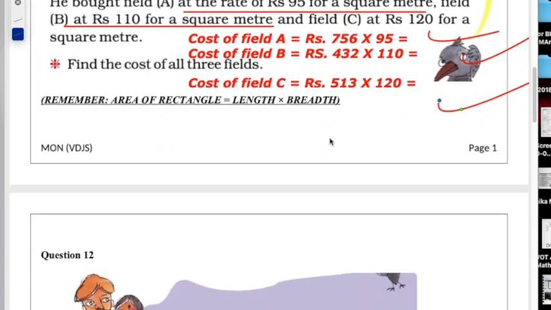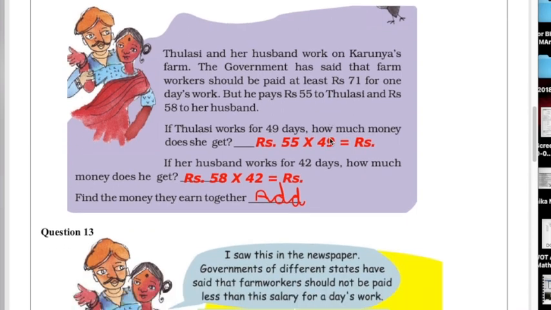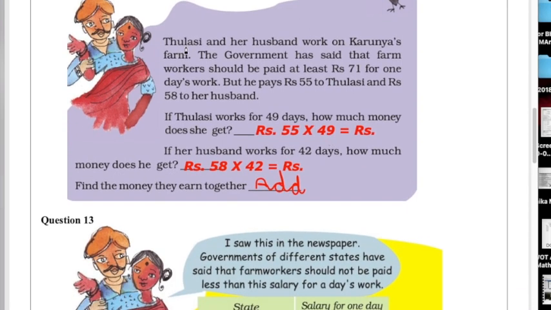Okay, now the next question. Tulasi and her husband work on Karunya's farm. The government has said that farm workers should be paid at least rupees 71 for 1 day's work. But he pays rupees 55 to Tulasi and rupees 58 to her husband.